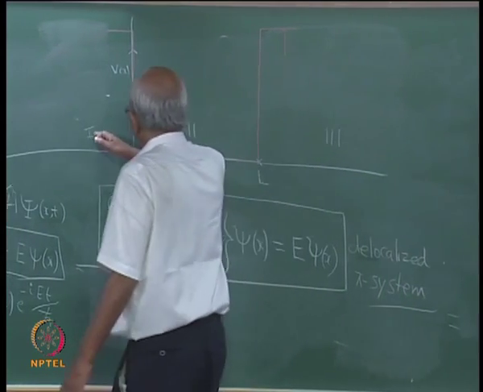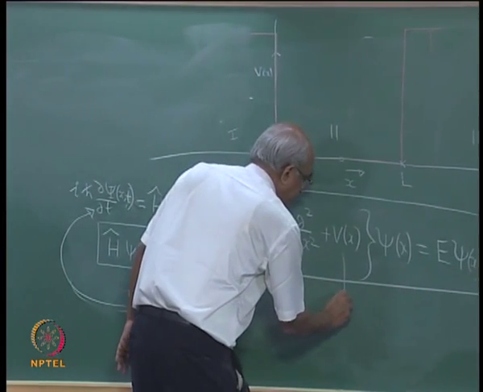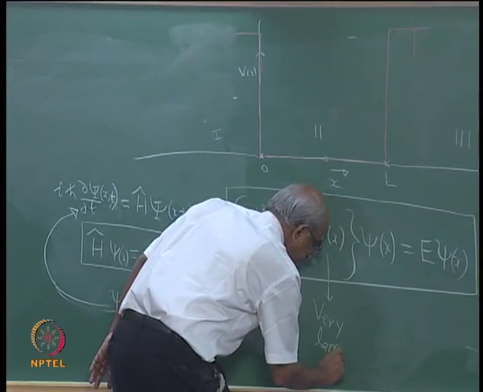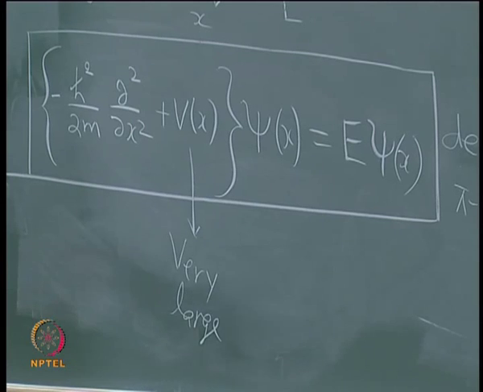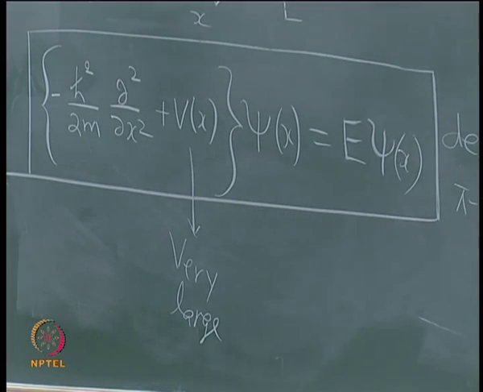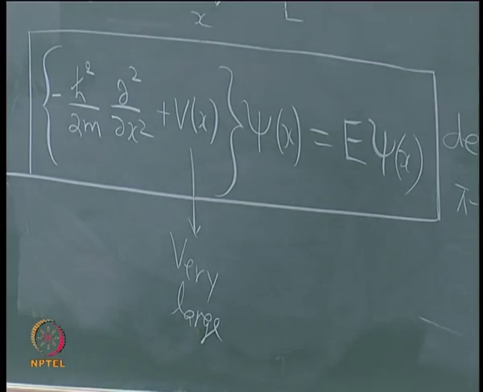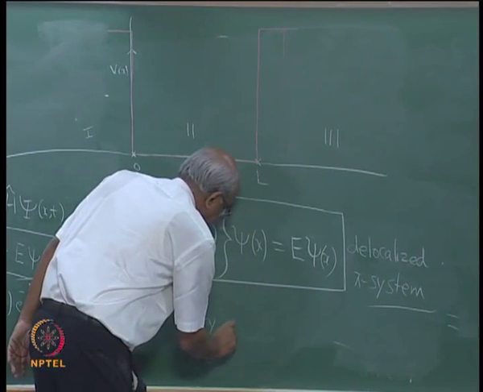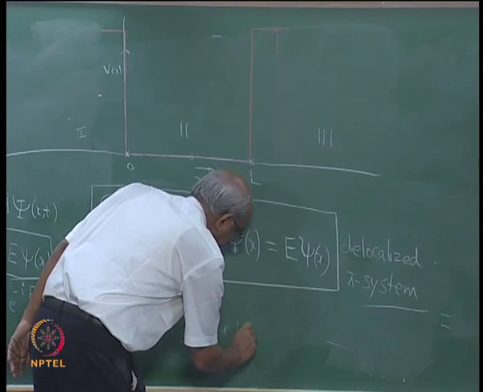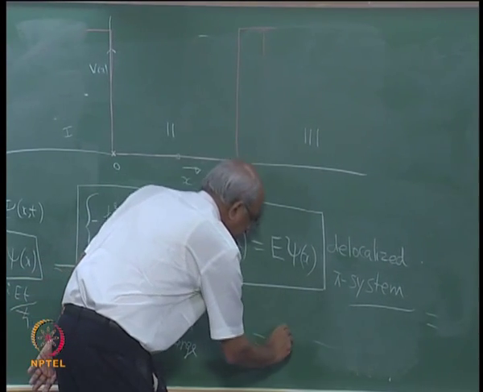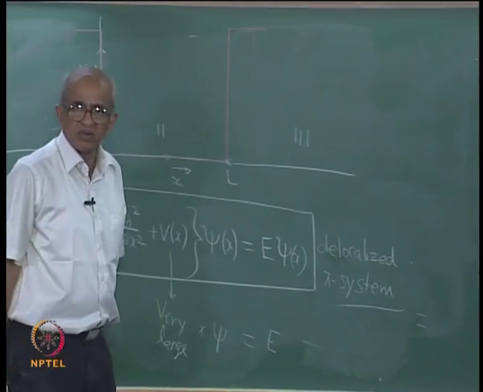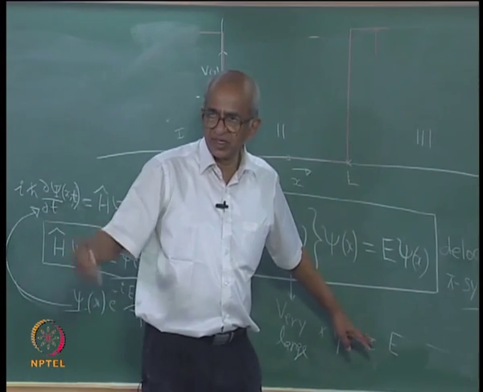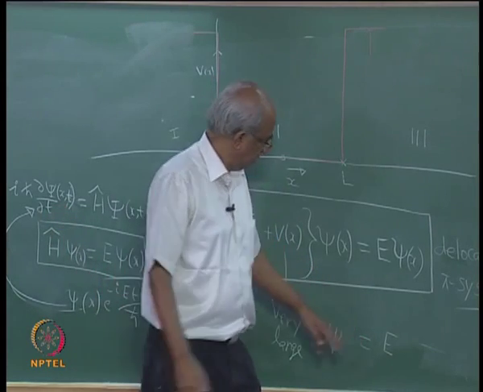Suppose you are in region 1, then what will happen is that the potential energy is very, very large in region 1. I said it is infinity, but of course, it is a very huge quantity. So, here you have a very large quantity multiplied by psi, which must be equal to E, which is not a very large quantity, it is some finite value, multiplied by psi.